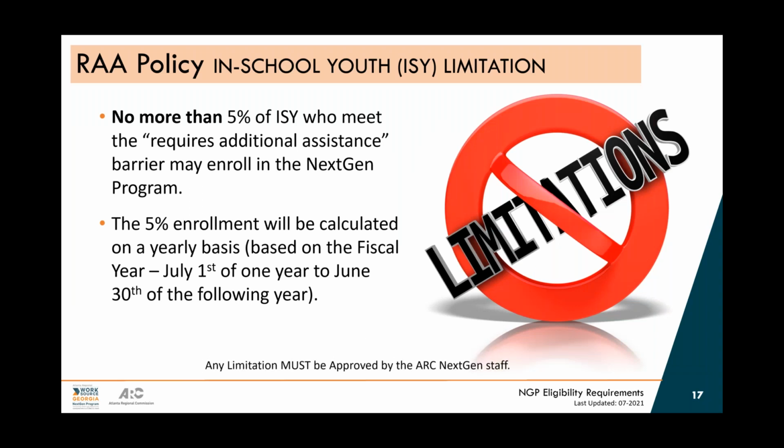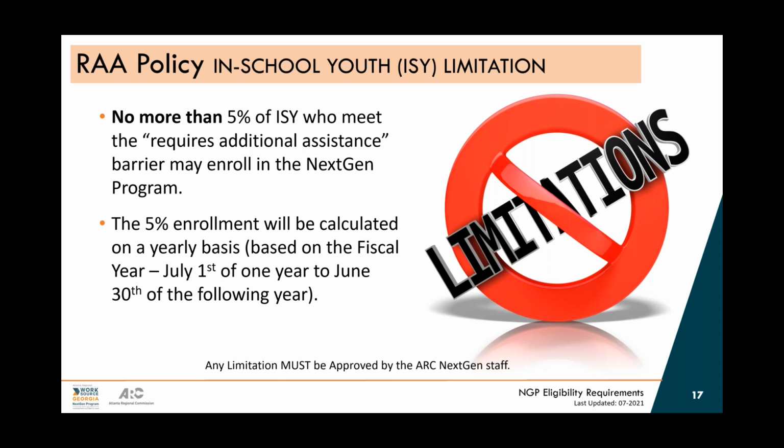So I did already tell you in the last presentations about the limitations for this. Specifically, it goes to in-school youth. With in-school youth, they can only have a small percentage of people who are under this policy.